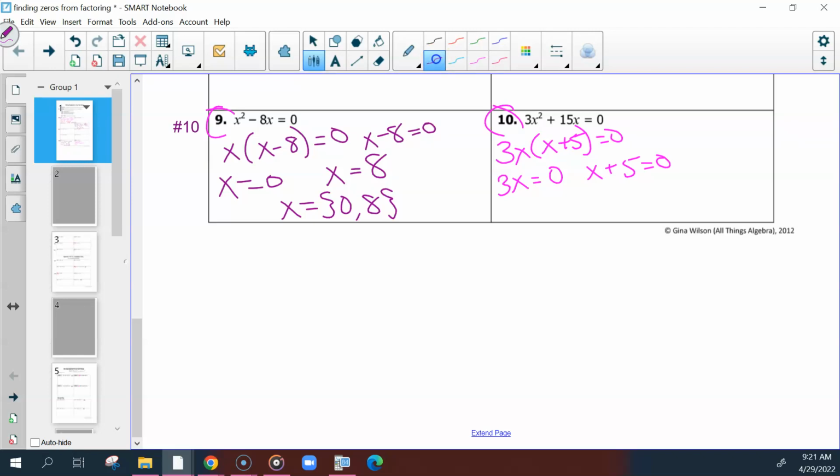Still set this equal to 0, but you don't have to actually solve it if you know it's the opposite. So with this one, we would need to divide both sides by 3, but we would still get 0. And this one would become negative. So our solutions would be negative 5 and 0.